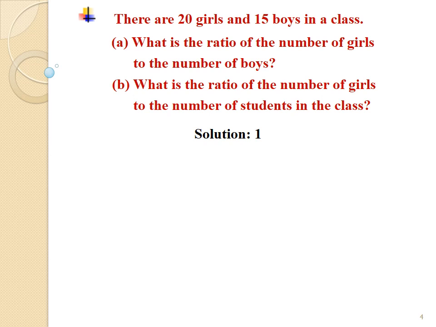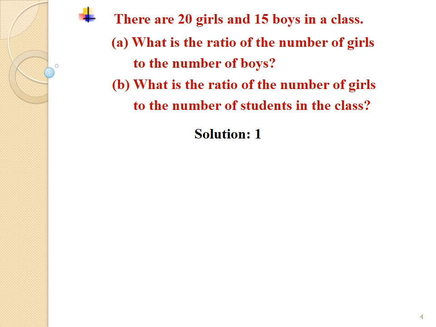Students, we will get the number of students by adding the number of girls and the number of boys. Thus, adding 20 and 15, we will get 35. Thus, the number of students in a class is 35.